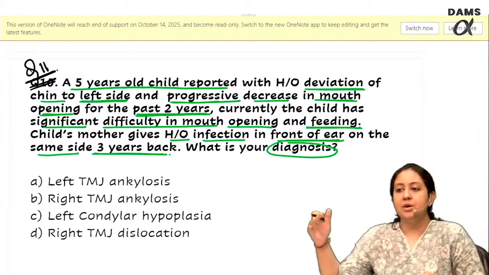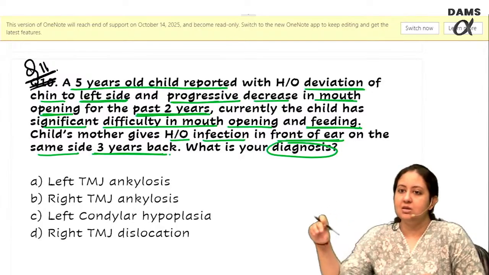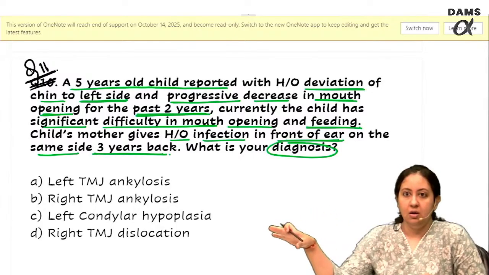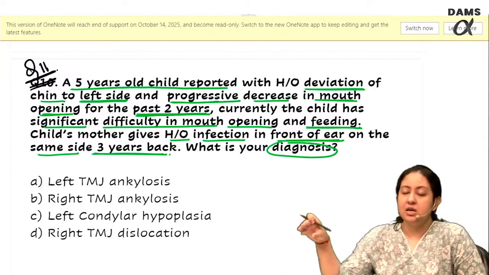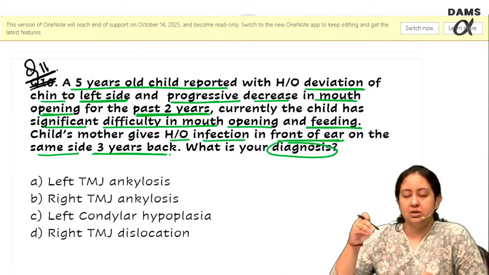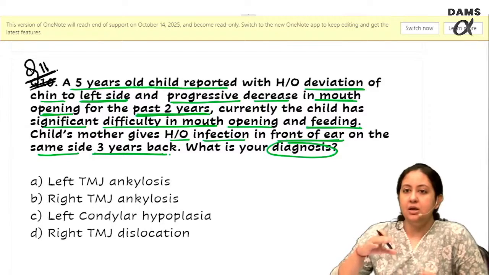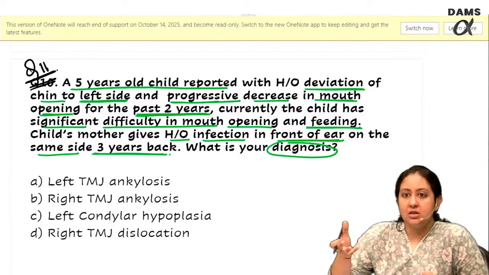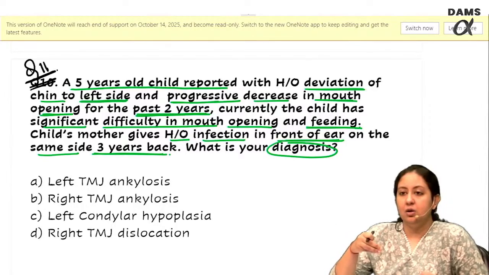That means over a period of time, the mouth opening is keeping on reducing. And this history is present for the past 2 years. That means after the infection happened, the patient started developing these symptoms. And now he has significant difficulty in mouth opening and feeding. And there is a history of infection.